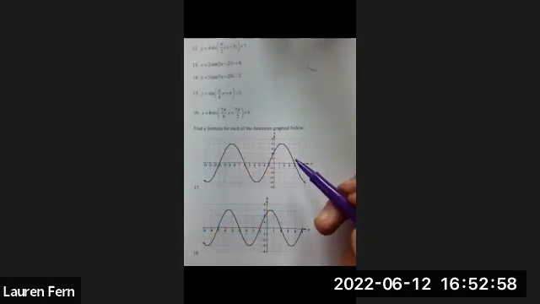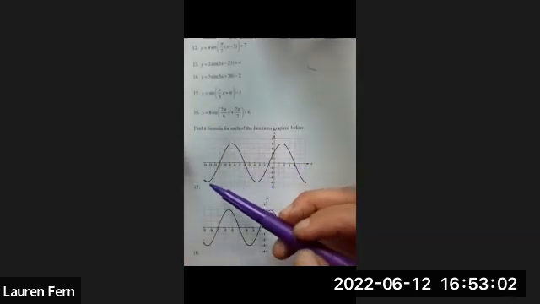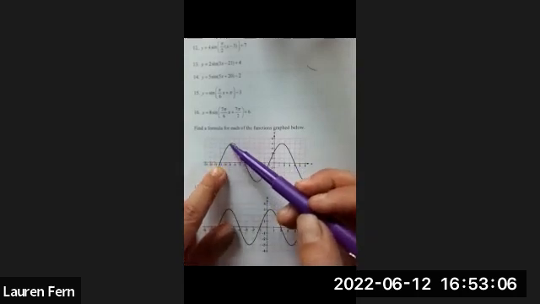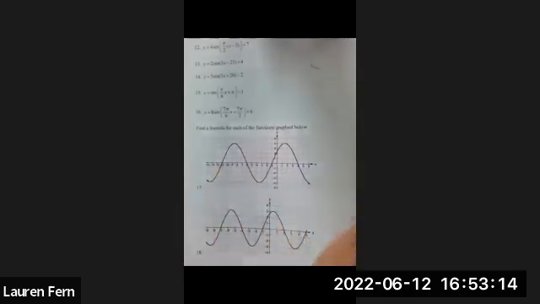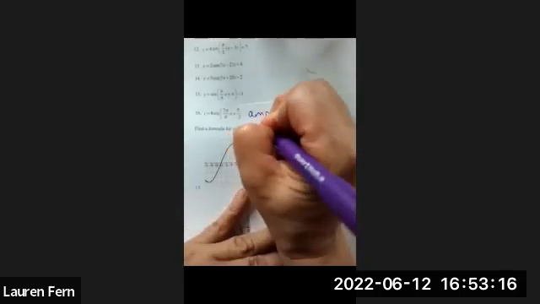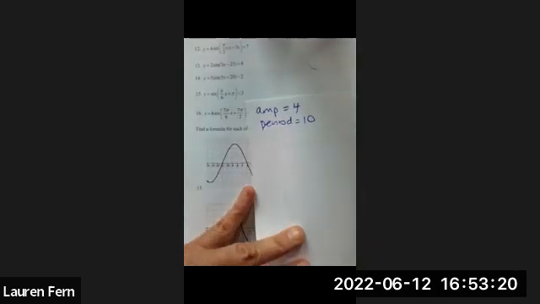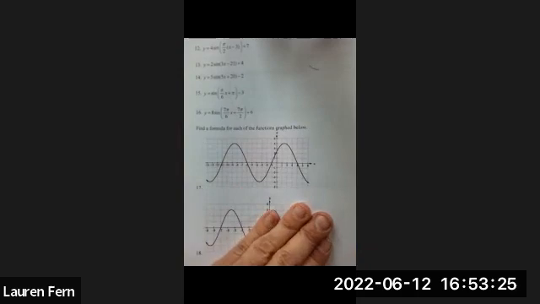Well, we've got to notice how much is one period. So for example, if I want to start right here and see how long it takes me to go one full sine wave, well, it goes from -1 to -11. So my period is equal to 10.